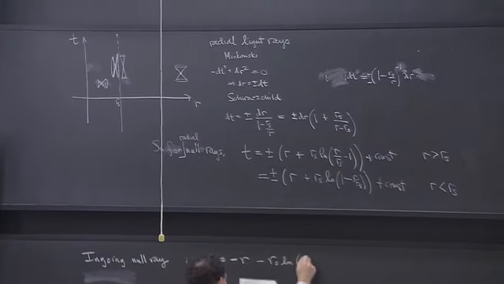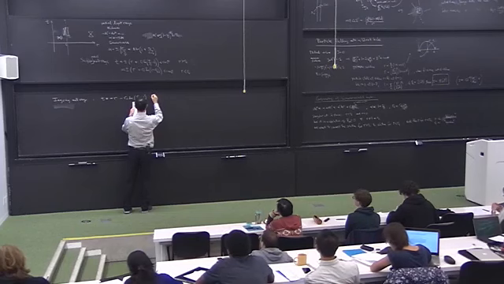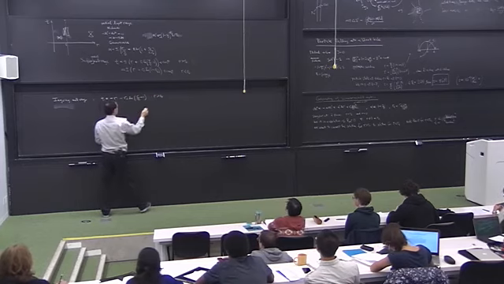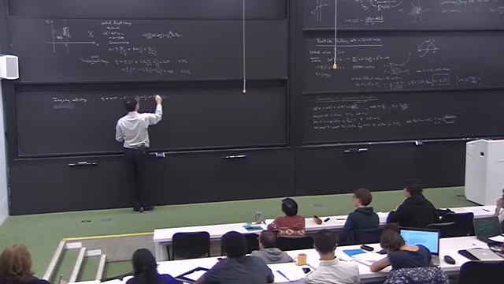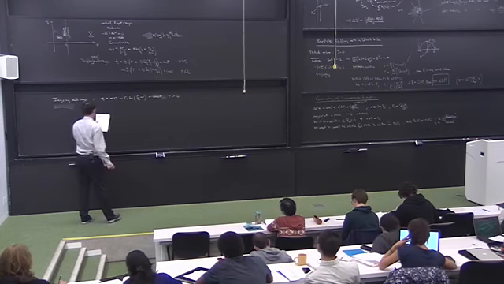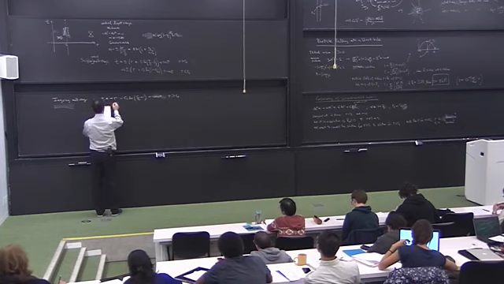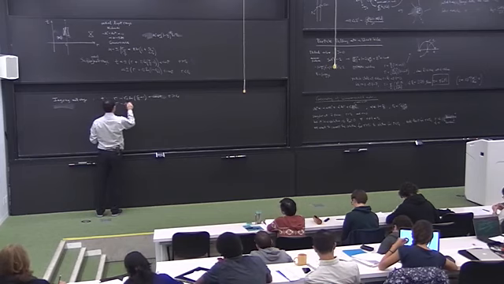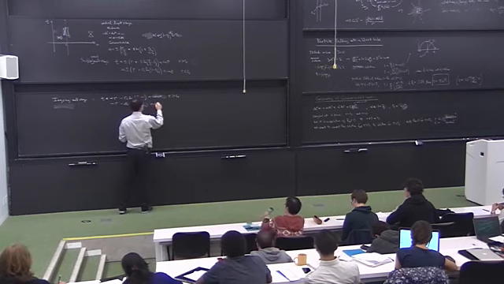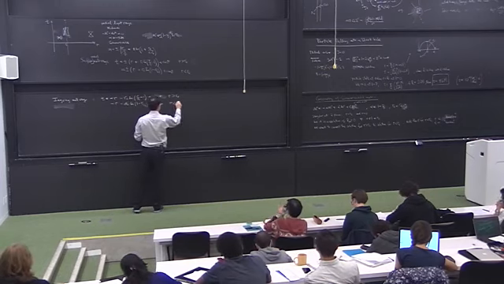t equals minus r minus rs log (r over rs minus 1) for r bigger than rs, and of course plus constant. And it is minus r minus rs log (1 minus r over rs) plus constant for r less than rs.